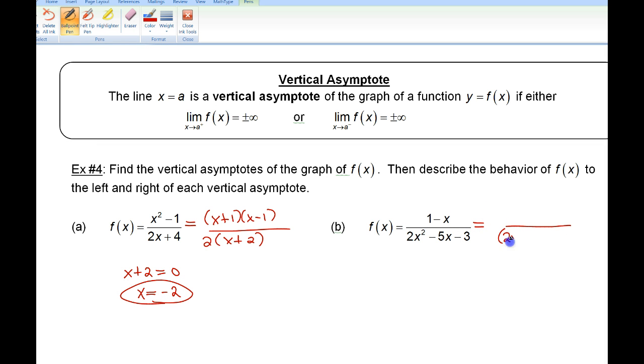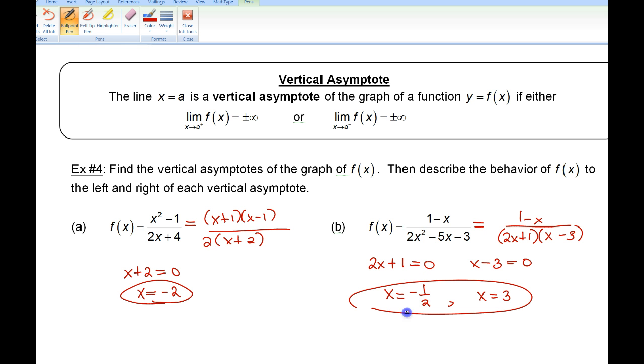It's 2x plus 1 and x minus 3, but nothing cancels. So I'm going to set 2x plus 1 equal to 0, and x minus 3 equal to 0. So we get negative 1/2 and 3. So we have 2 vertical asymptotes here. Make sense?